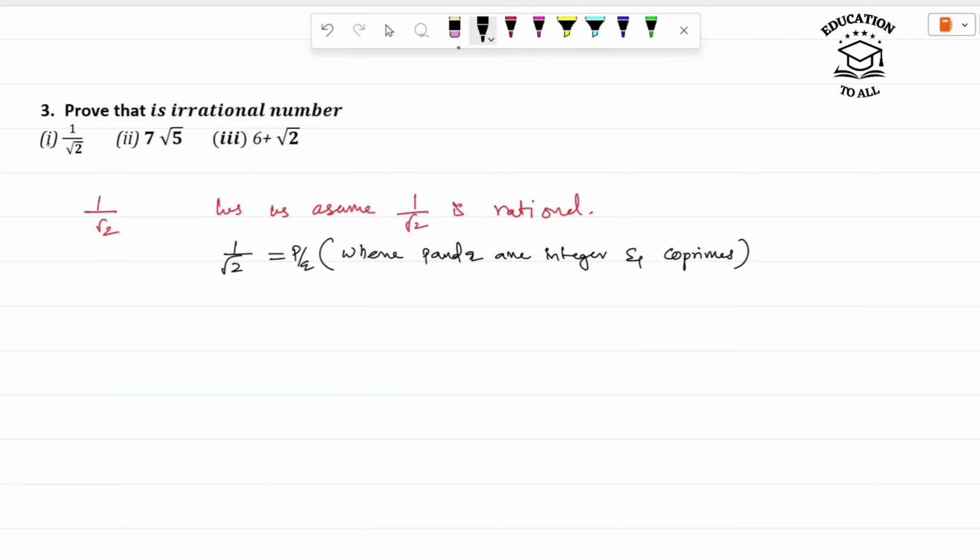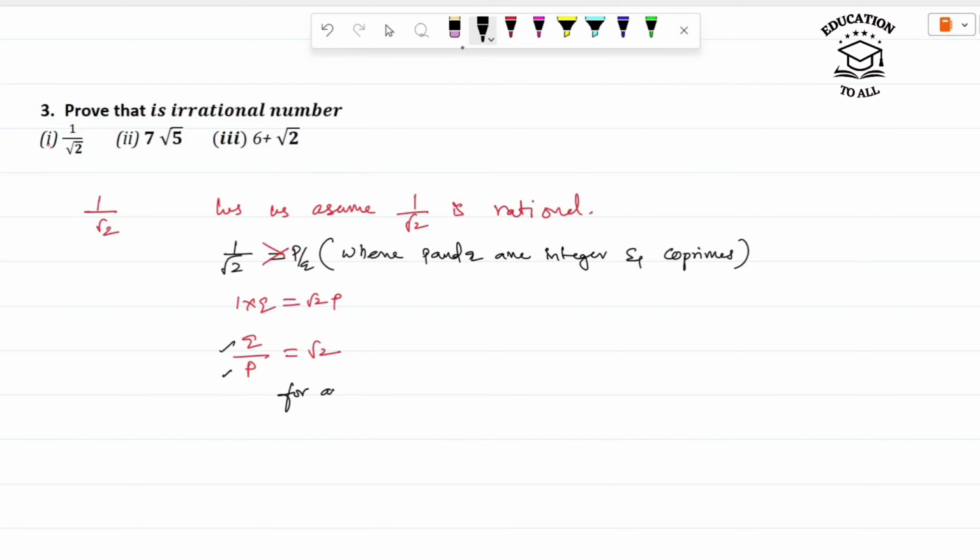So next, no need for squaring on both sides, nothing to do. So cross multiply itself. By cross multiplication, 1 into q is equal to root 2 into p, and you cross multiply again, q by p is equal to root 2. This statement is very important. In LHS you observe that p and q are the numerator and denominator.